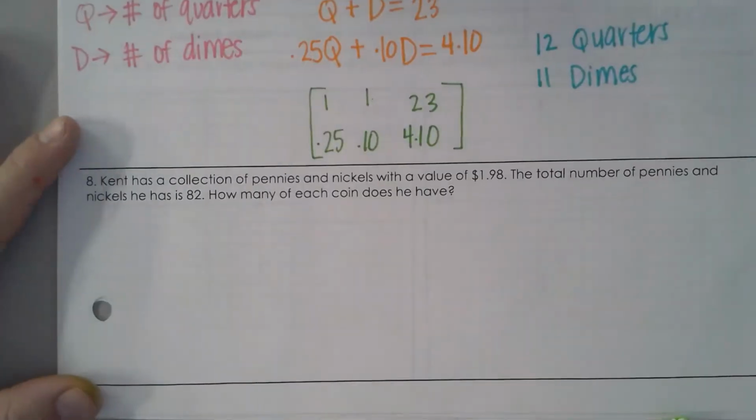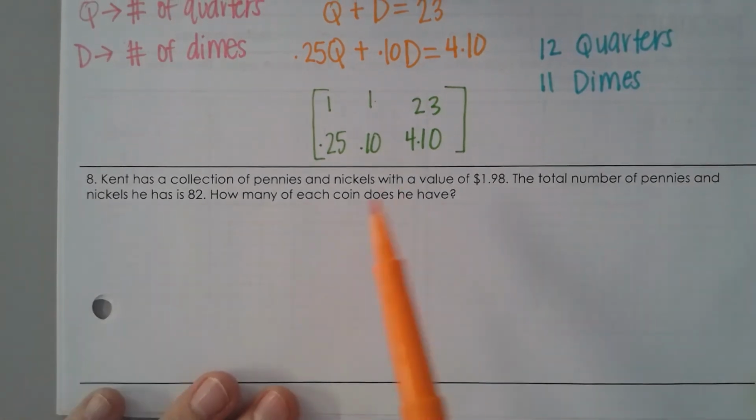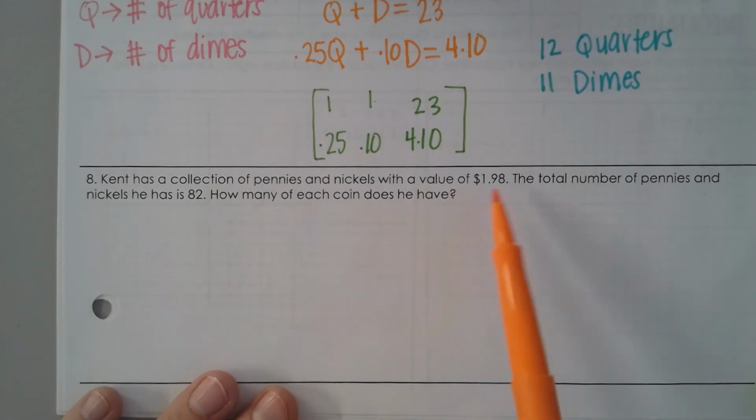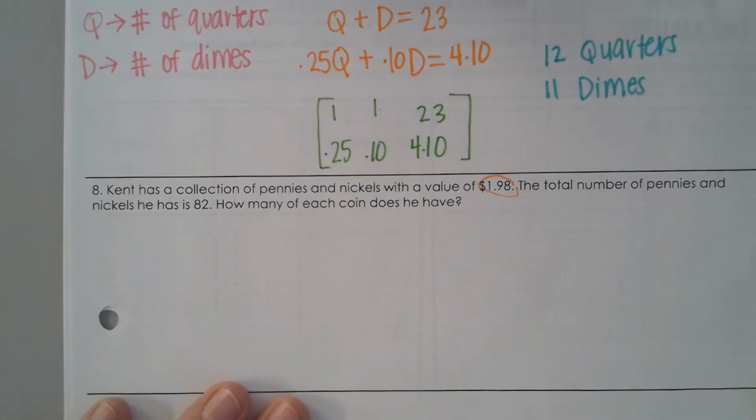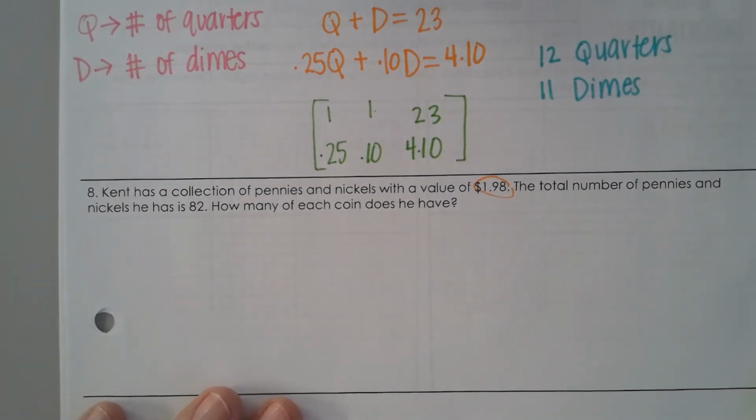Great, we're done. Alright, so I'm just going to skip up to the equations. The first bit of information told me the total amount of money. That's where I use the value of each coin with the total amount of money.